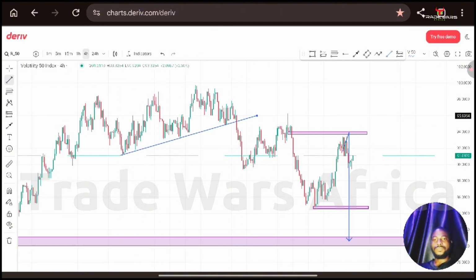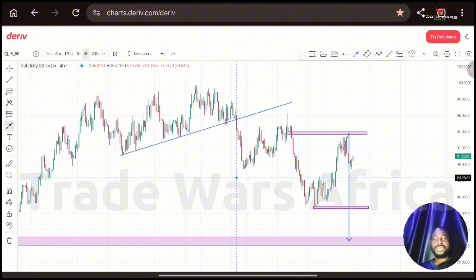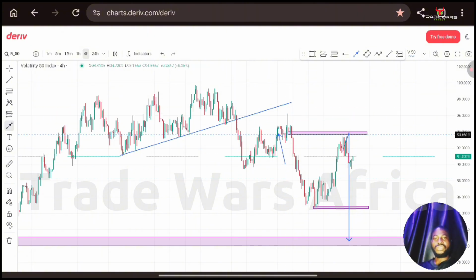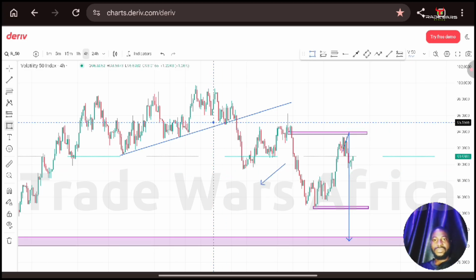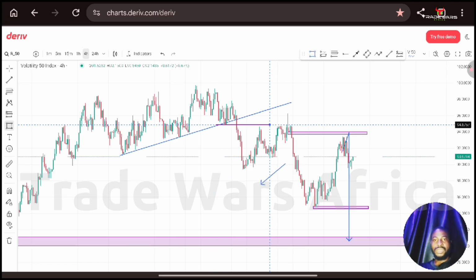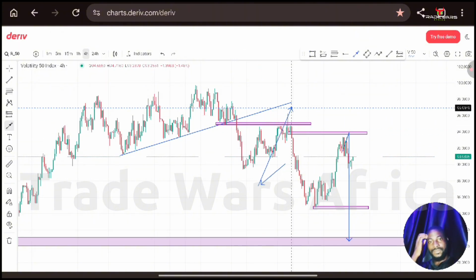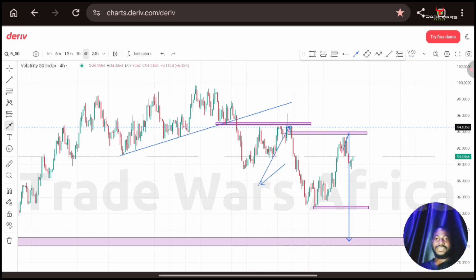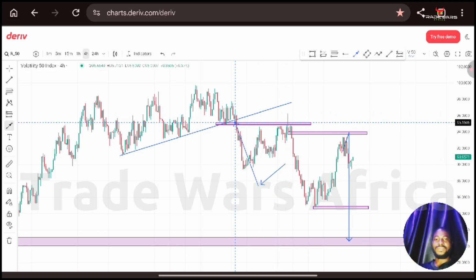So basically, this is actually the trend line of this particular market, and this one here is just a retest of the trend line, because there's a zone around here where the market broke, and it has come to retest it. So this is more like the retest of the breakout of this trend line.